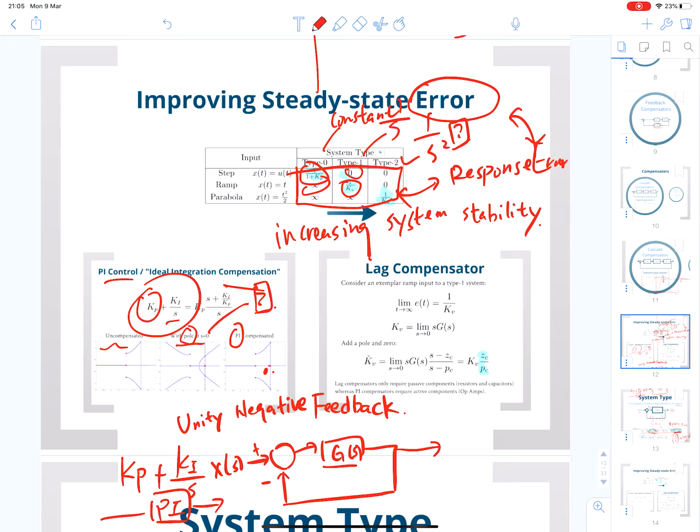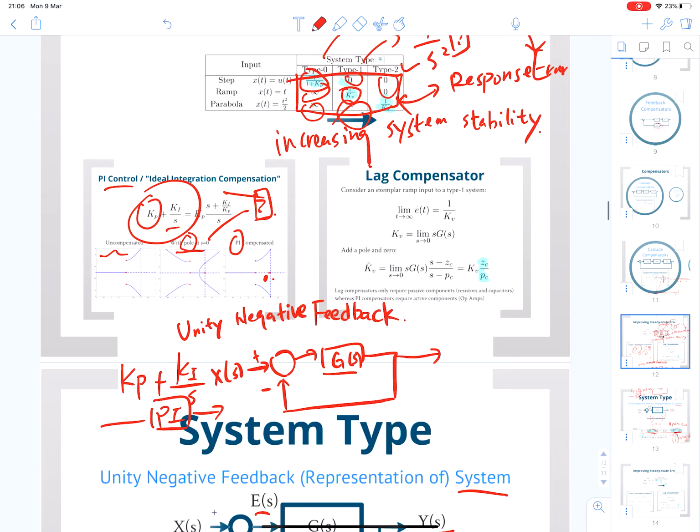For a parabola, type 0 and 1 will have infinite error. But for type 2, ramp and step have no error, and for the parabola we will have a corresponding matching error, which is 1 divided by K.